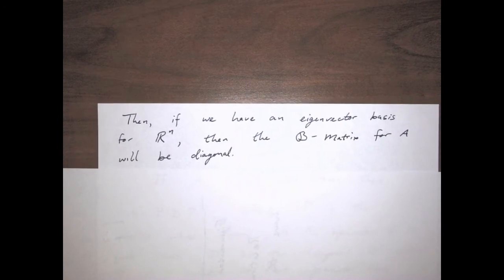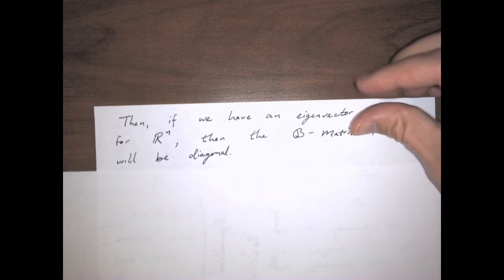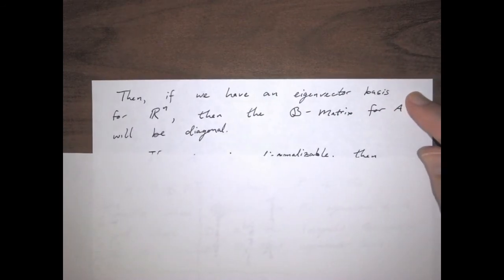So if every element in the basis is an eigenvector, then the whole matrix will in fact be diagonal. All of the entries will be 0 except possibly along the main diagonal.